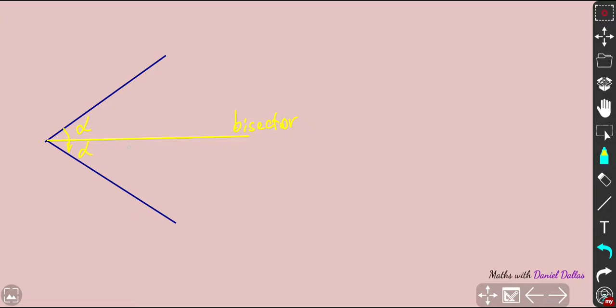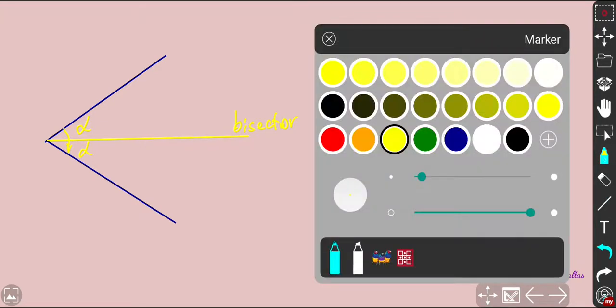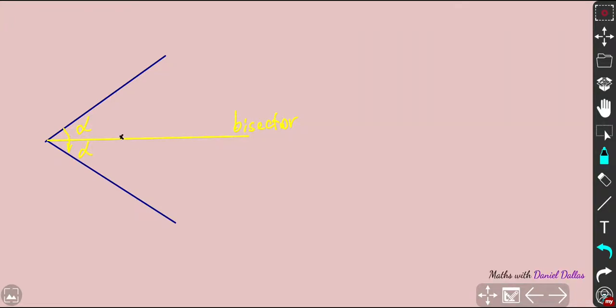On top of that, I would like to demonstrate another property that's going to be useful. If you take any point on the bisector line, no matter where, the point will be equidistant to the arms of the angle.